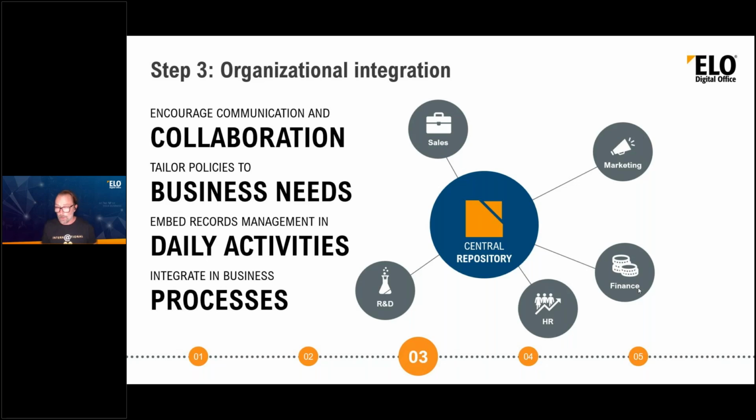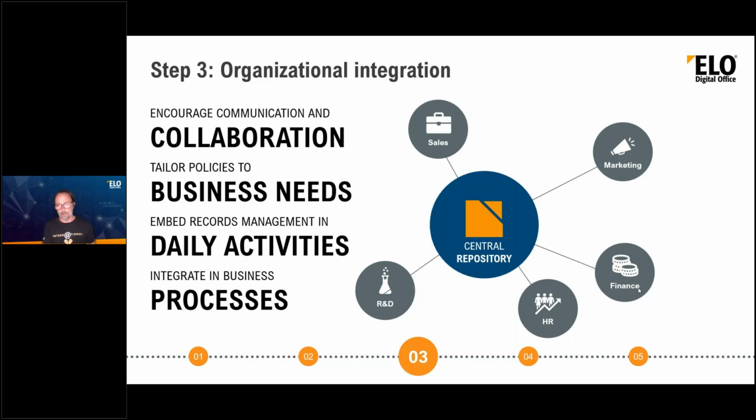They know the sources for the documents. They know sources for information. They know how the process is working. And they then can say how it would be best to start with records management with the ELO ECM Suite.